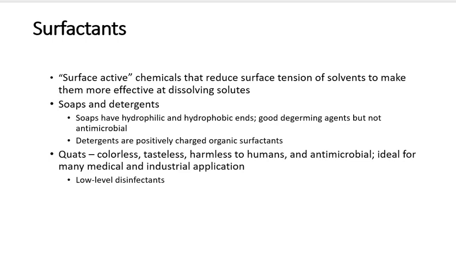So if you can reduce that surface tension on the water or that solvent, it makes it more effective. Soap is one of the things that helps. That's what makes soap so effective, it reduces the surface tension of water and allows the soap to get in there. And so it allows you to degerm things, not disinfect, but degerm. You get the major pieces of those germs off.